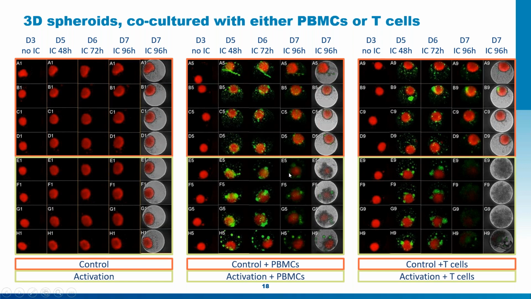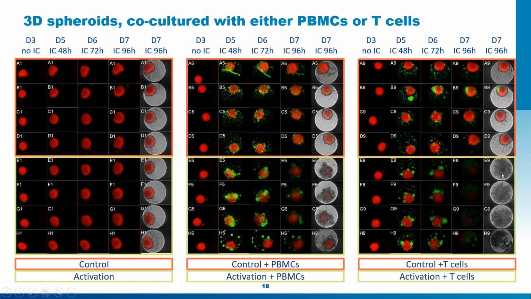In the middle, that's still PBMCs, but activated PBMCs, and you can see here that the remaining viable tumor is really low, with small viable cells as compared to what we have in the control here. And with activated T cells, they are able to totally destroy and kill tumor cells.